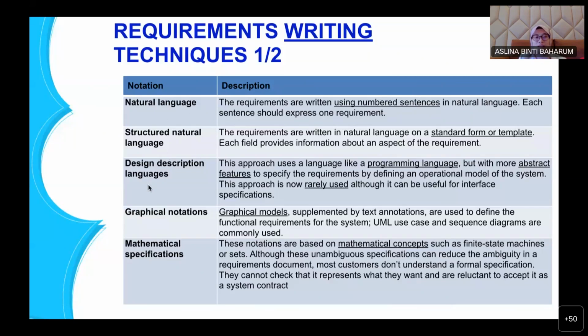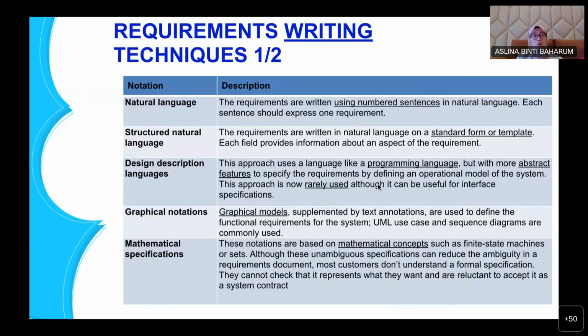Next, design description language. Okay, using a programming language together with abstract features, defining an operational model. This approach is now rarely used, although it can be useful in interfaces. This one is using a programming language.